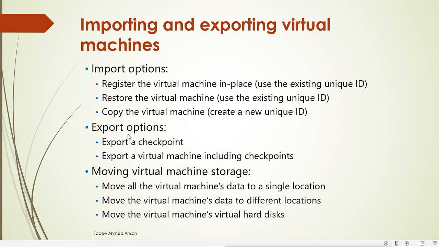Importing is like we can do it offline. That means we don't need the machine to be running, and the machines we are importing and exporting don't need to be connected either. For example, we have a Hyper-V server at one site where we have some virtual machines installed.